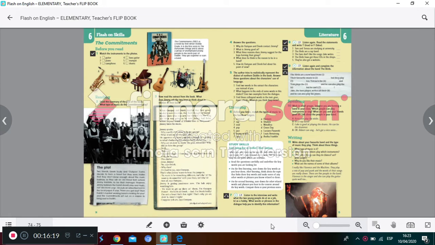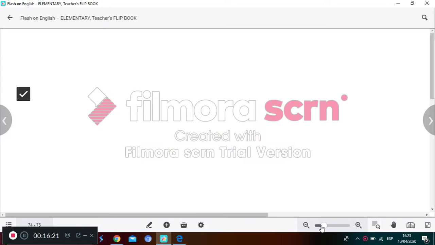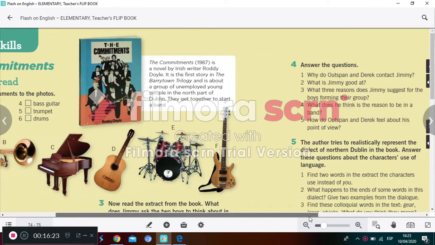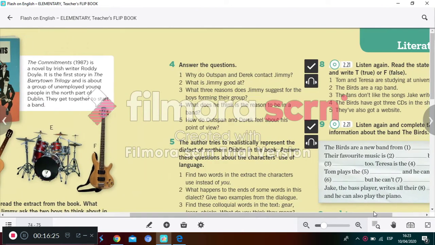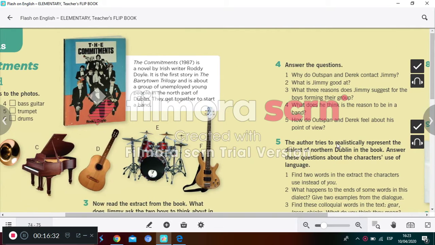Perfect. So, let's do activity number 4. Look, in activity number 4, you need to answer these 5 questions according to the reading.